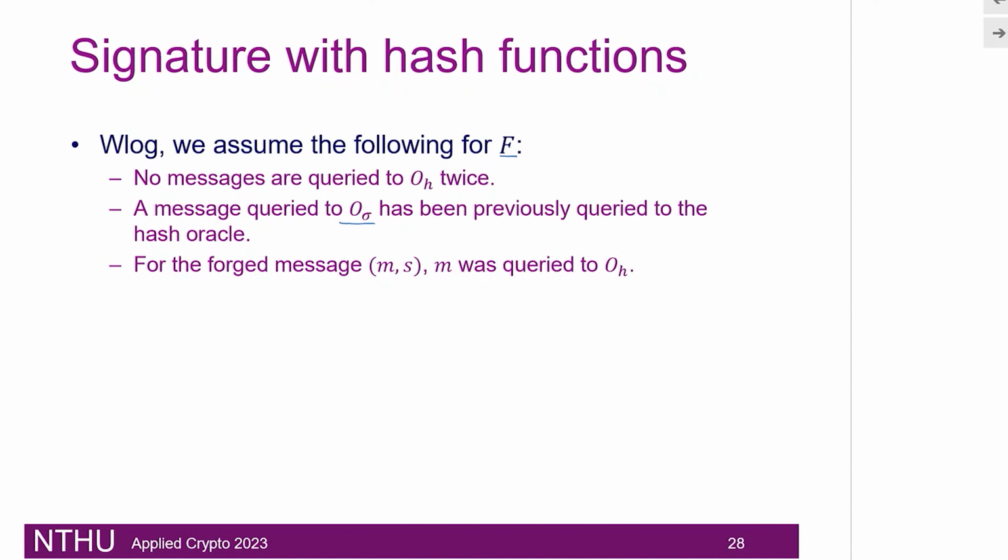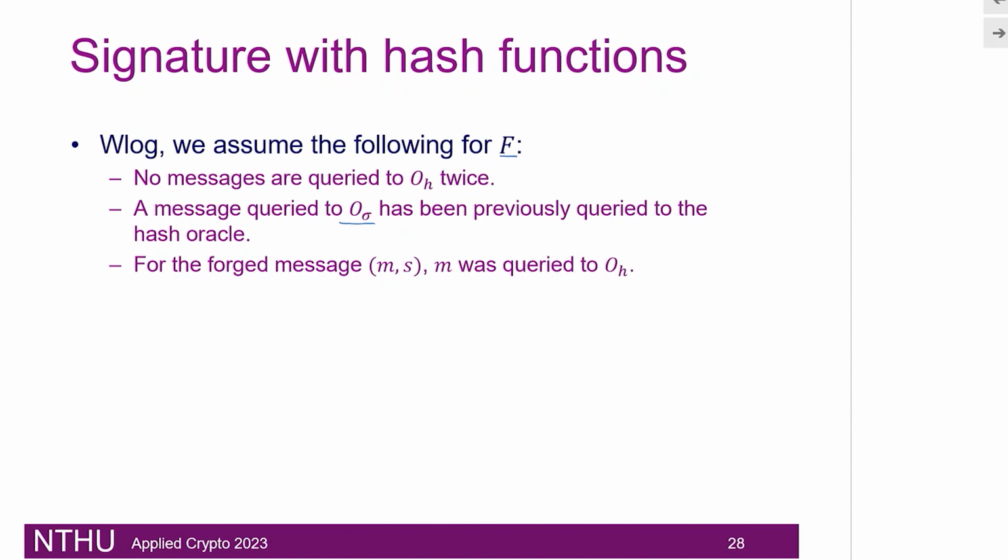So before you compute the signature, you have to compute the hash of this message first, and then you can compute the signature for it. So we assume that the forger would follow this order. If it doesn't follow the order, we can just abort in algorithm A somewhere. We can just return null, since the forger did something illegal. So we abort at that point.